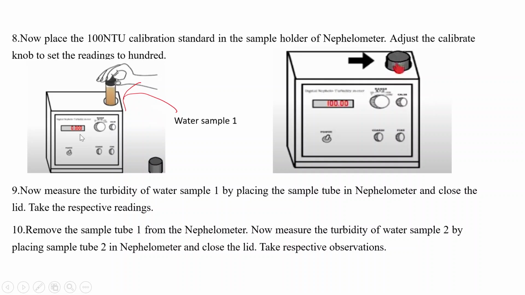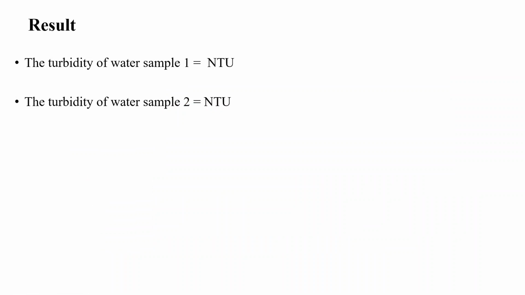Next, remove sample 1 from the nephelometer and measure the turbidity of water sample 2 by placing sample 2 in the nephelometer, close the lid, and take the readings. Result: record the turbidity of water sample 1 and water sample 2.